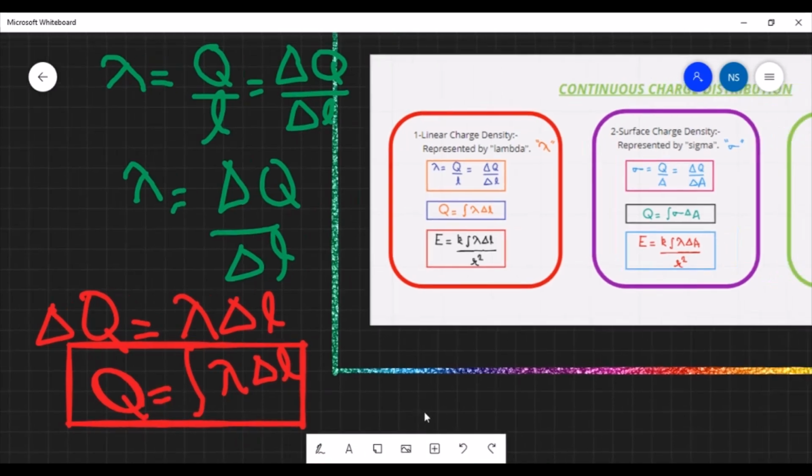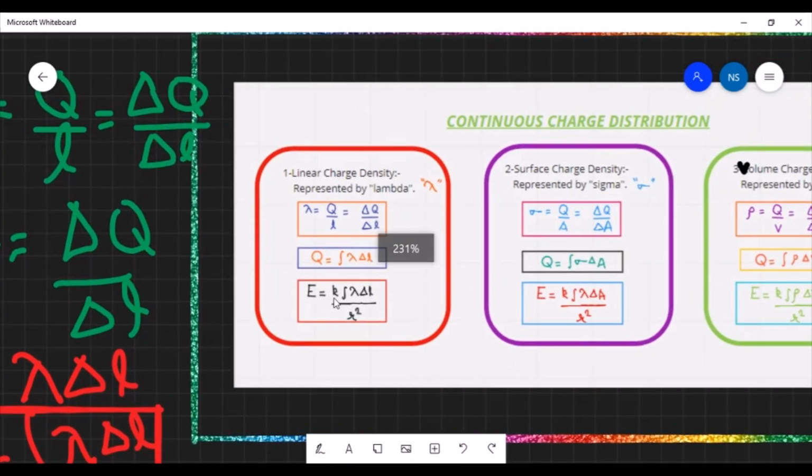I have shown over here that we have used this Q formula for electric field intensity. So E is equal to K Q by R square. Instead of this Q we have used this formula, that is the integration of lambda times dl. So E is equal to K integration of lambda times dl divided by R square. That is our final formula.